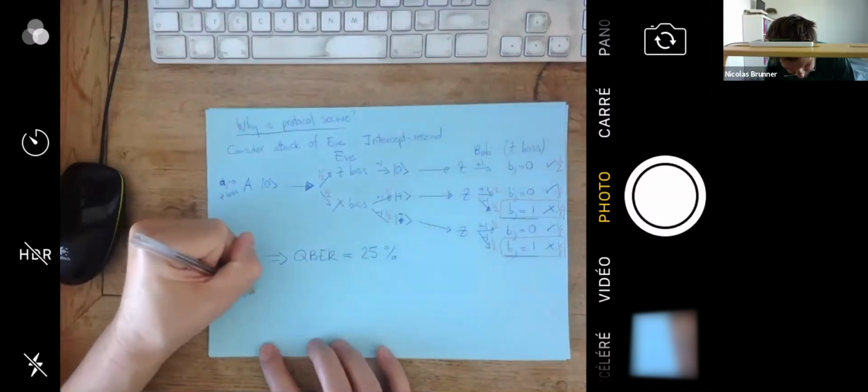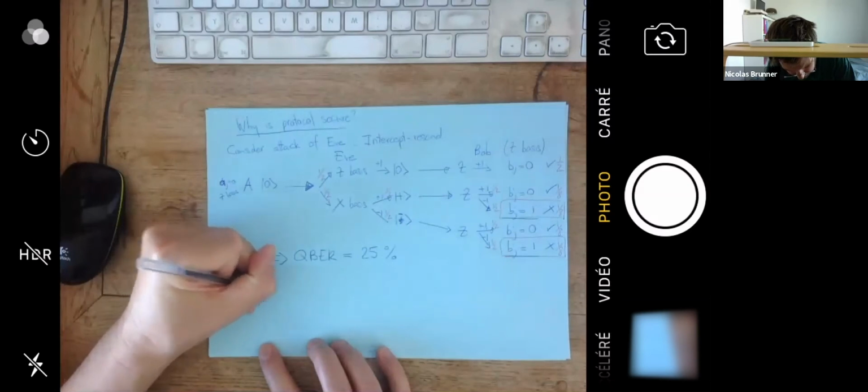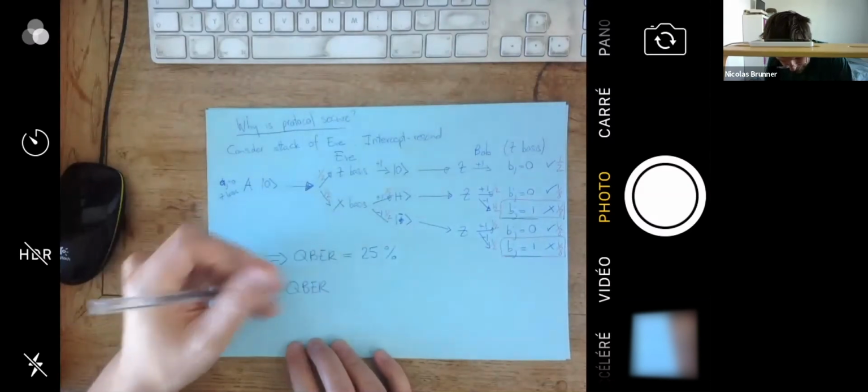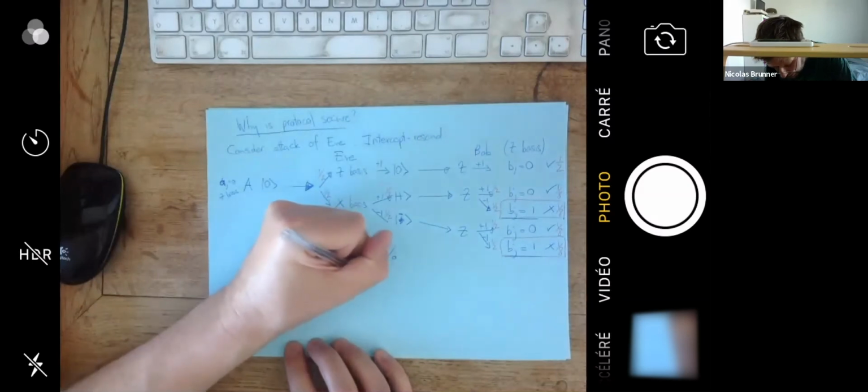and one can prove that there is a critical value of the Q bar, which is in fact 11%.